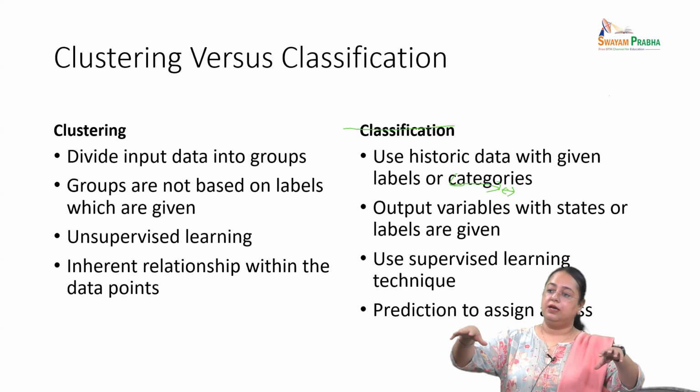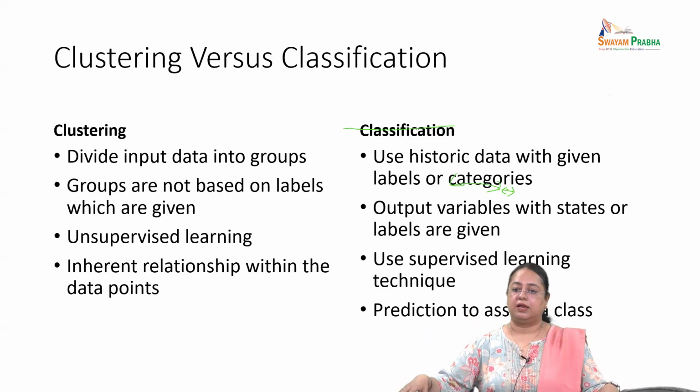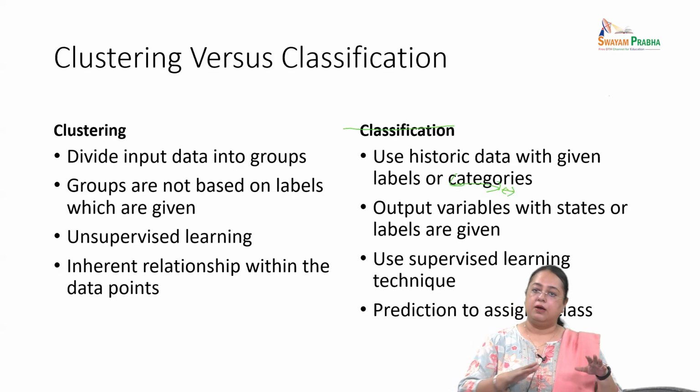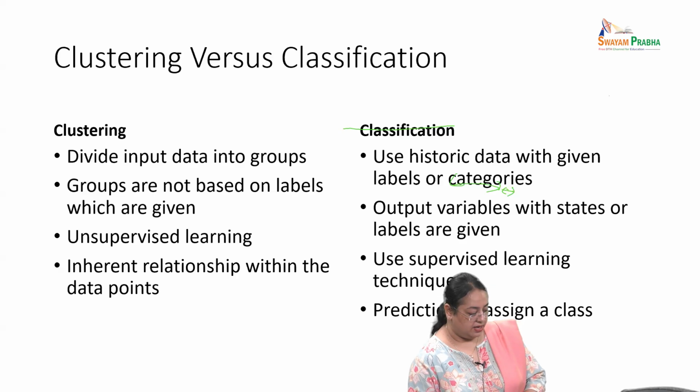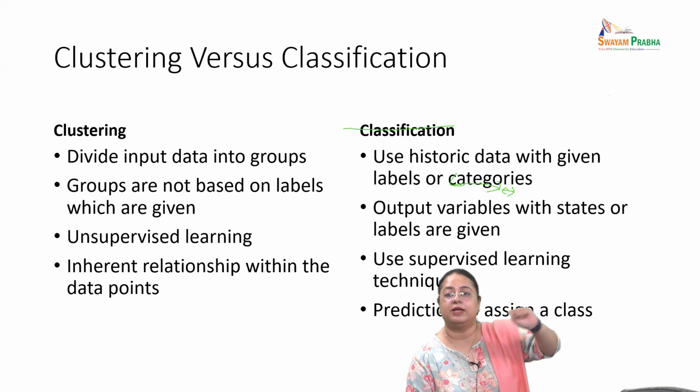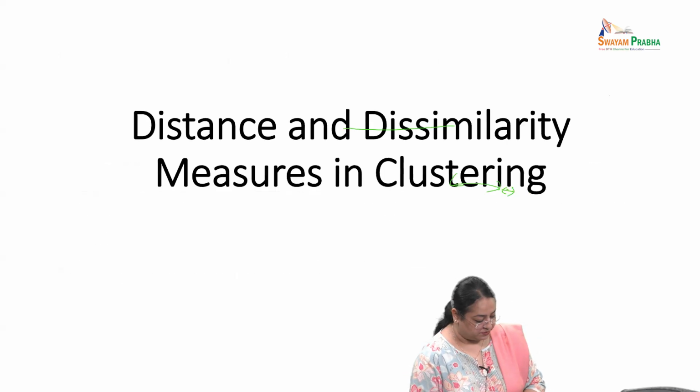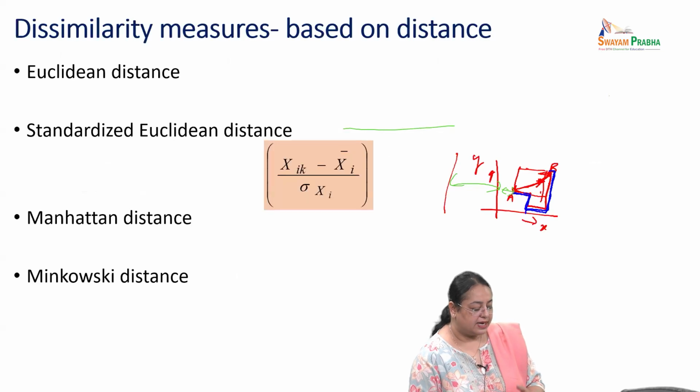Clustering is different from classification. In classification, we already have pre-existing labels, unlike unsupervised learning. In clustering, we divide the input into groups, and then we assign the points to the respective groups. There are different kinds of distance and dissimilarity measures in clustering.